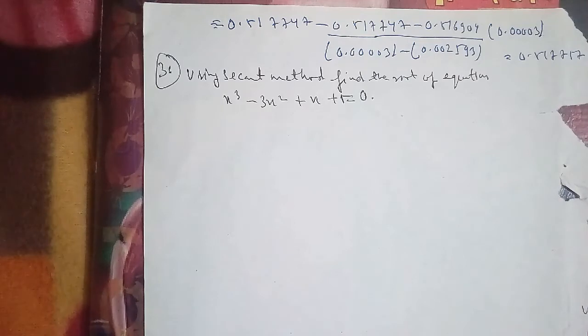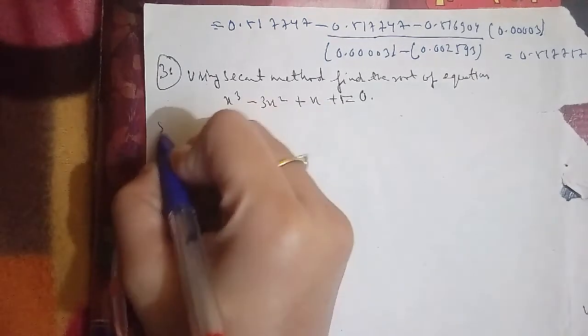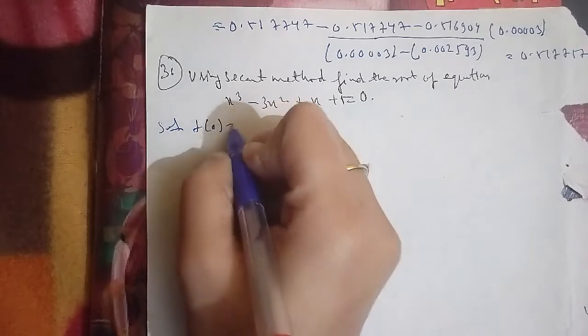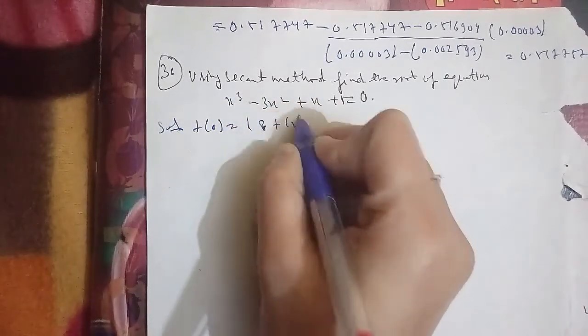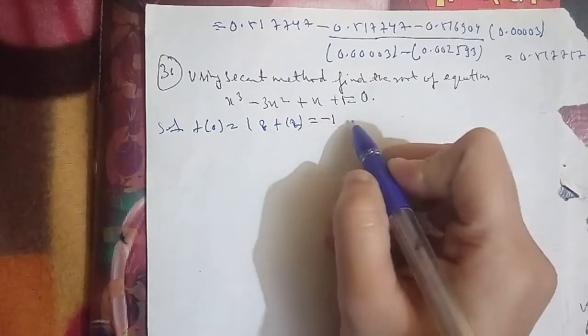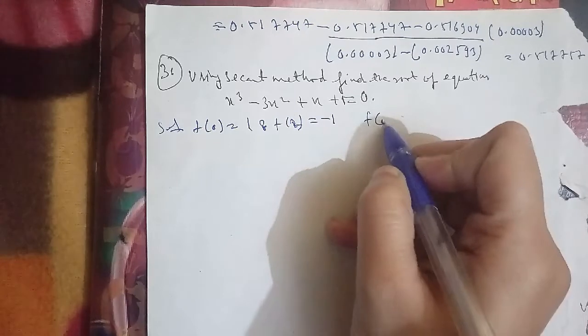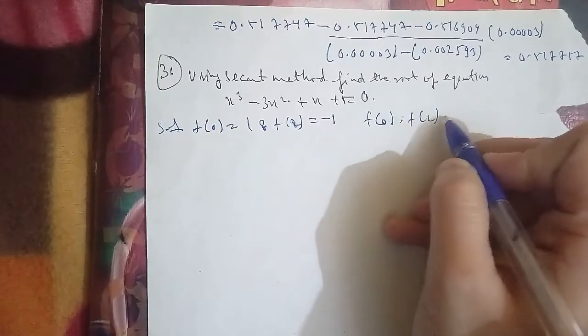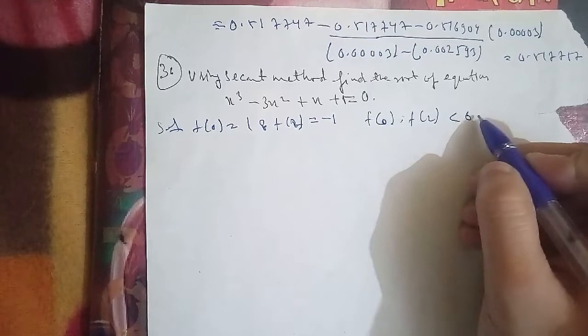Iteration number, x(n), f of x(n), x(n+1), f of x(n+1), x(n+2). So for this we have to find out, this is for 1, 2.